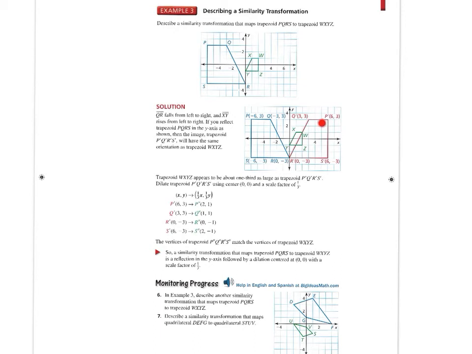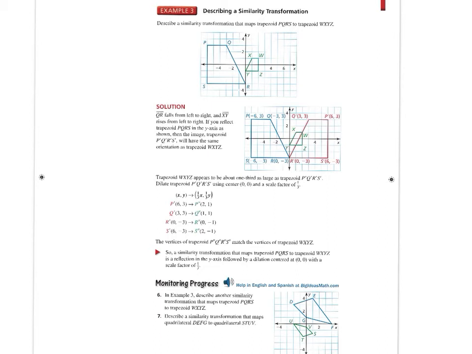So to go from a large image to a small image, you always put the value of the image divided by the pre-image, and in this case our pre-image is Q prime, P prime, mapping onto our image XW. So we have a 1 divided by 3 ratio, therefore our scale factor is 1/3.